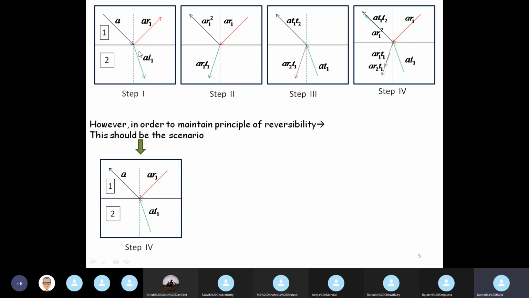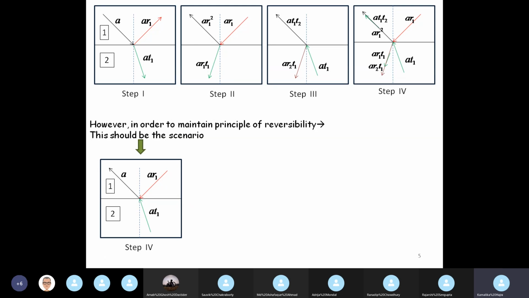So here this was the incident ray, these were the reflected and transmitted rays. If I change the position such that these are the incident rays, then I should have only one ray coming from both these two rays, if my principle of reversibility of light is to be satisfied.